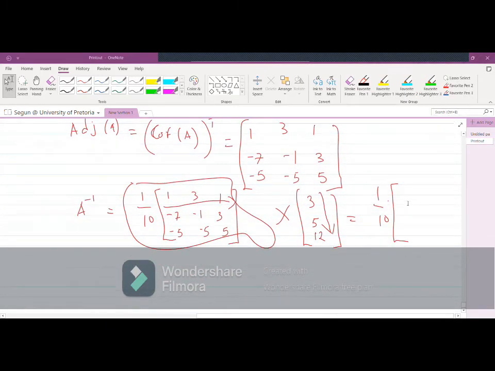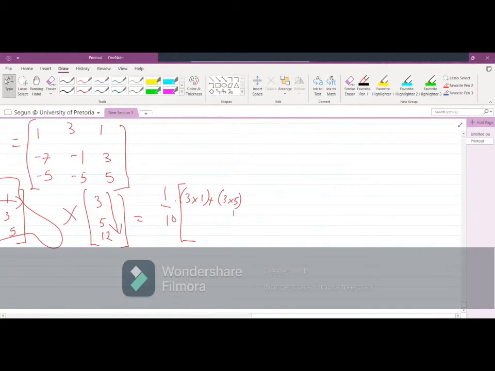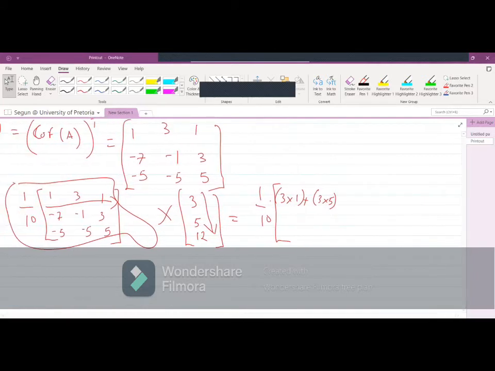So it's going to be 3 multiplied by 1, plus 3 multiplied by 5, then plus 1 multiplied by 12.